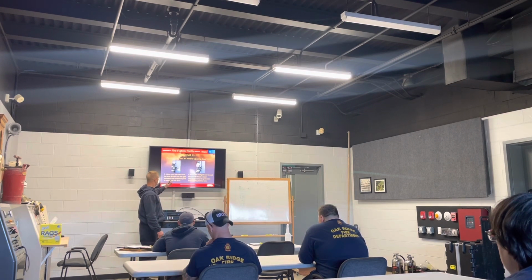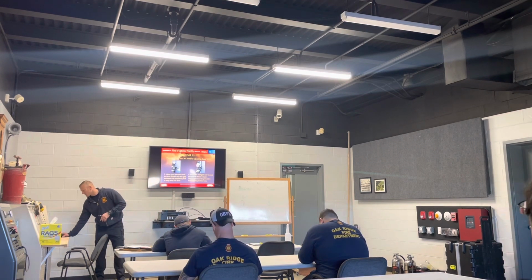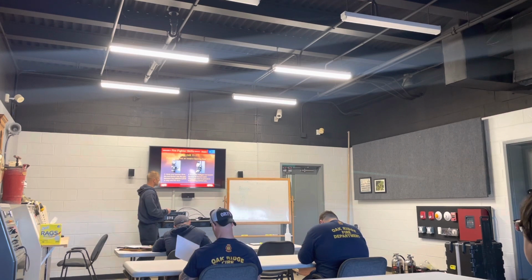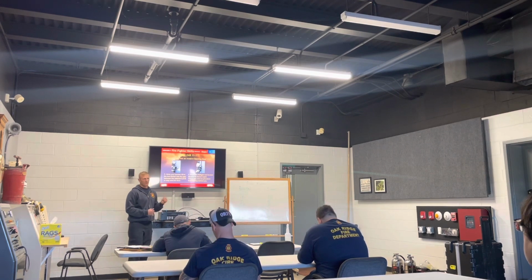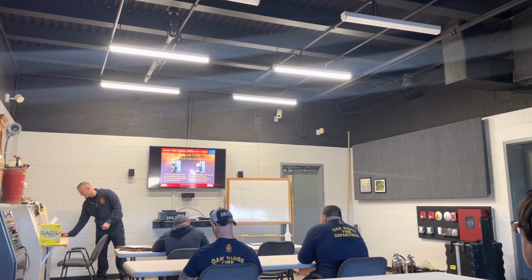You want to get the forks between the door jamb and the door, and then force the door, controlling the door. If you need some extra leverage, you can use your partner's tool, the flat end part of the axe, to create a little extra space there.